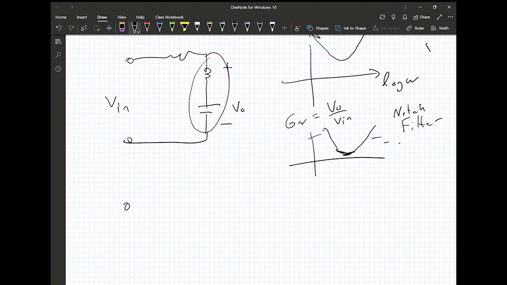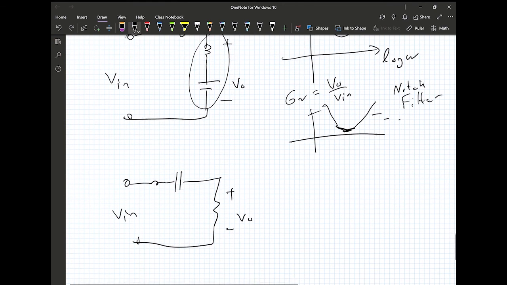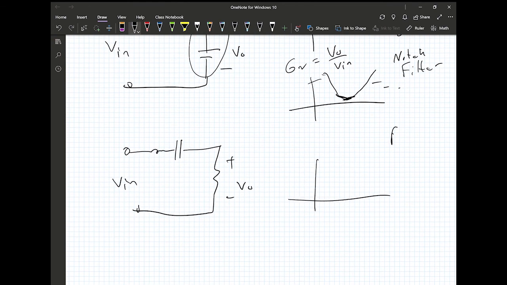And then if we do something like this, we do L, C, and then we do R, and this we have Vn, and then Vo. This is an example of a bandpass filter, right? So for a certain frequency range, the impedance is going to be minimum here, so that the voltage divider is going to maximize the voltage with respect to the input.